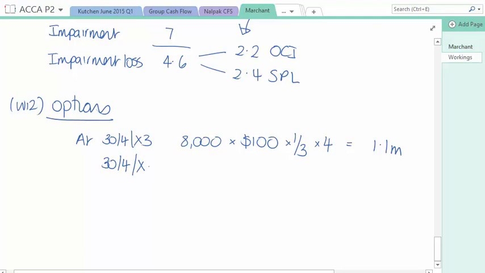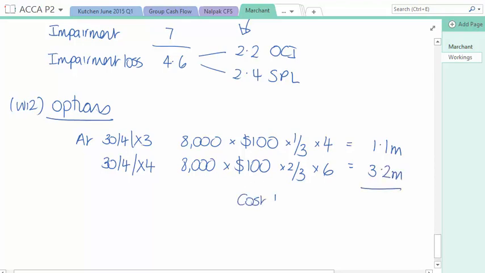At the 30th of April X4, 8,000 options, fair value at the grant date is 100. We are now 2 years into a 3-year scheme, but we now believe that only 1 director is going to leave. So therefore there's 6 people in the scheme, and that gives us a total cost of 3.2 million. So the cost to the statement of profit and loss is the movement in the year.